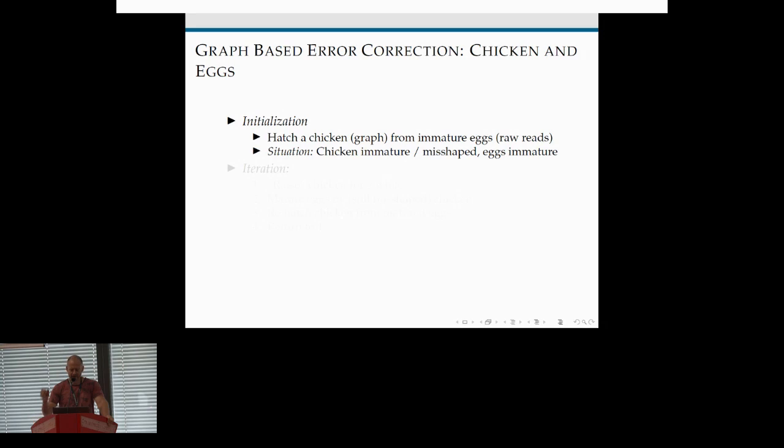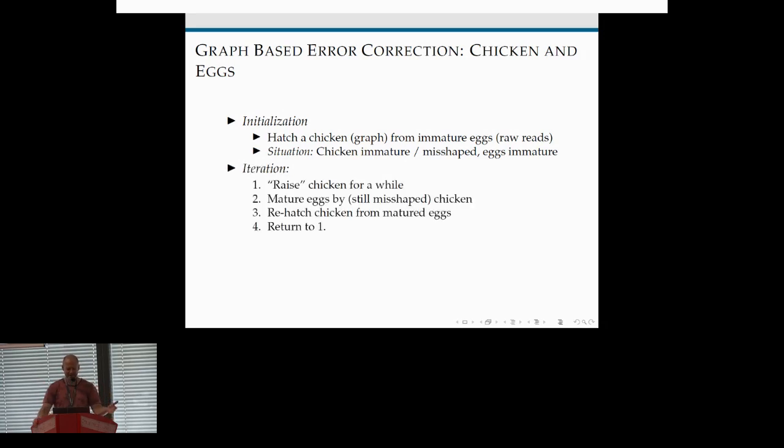And then the chicken is immature, fairly misshapen, not really in a position to raise eggs. But nevertheless, we sit that chicken on the eggs. Well, we raise the chicken first. We raise the chicken for a while. We feed it, remove the errors, and then we sit it on the eggs and hope for the best. And then we rehatch another chicken from the now matured eggs.